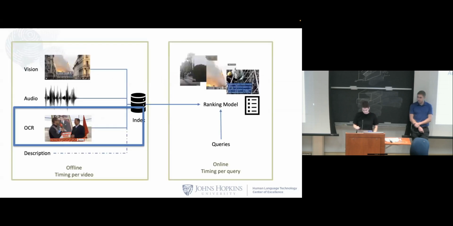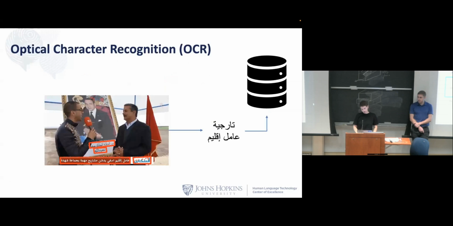You have OCR, which is text content that is contained within the video itself. There's a large amount of rich visual contextual information that is paired with these individual text strings. And how do you represent that information?